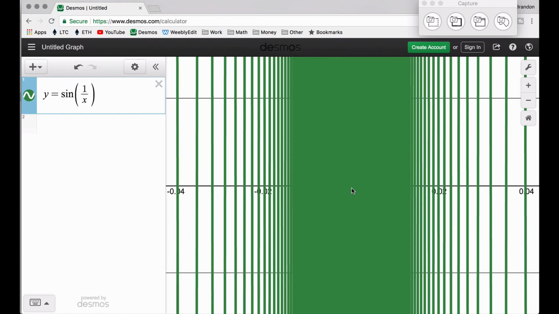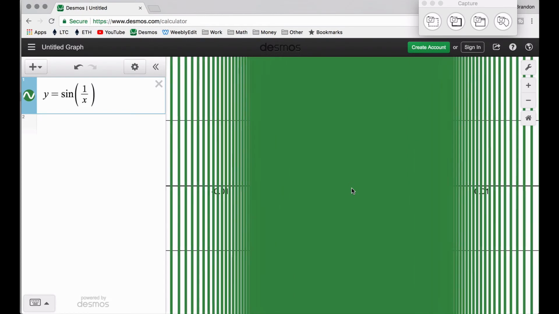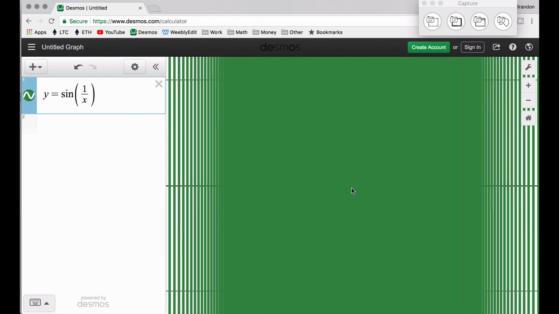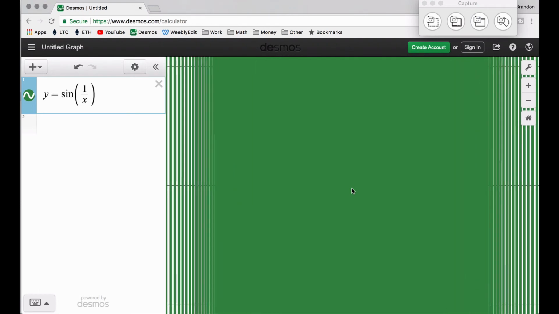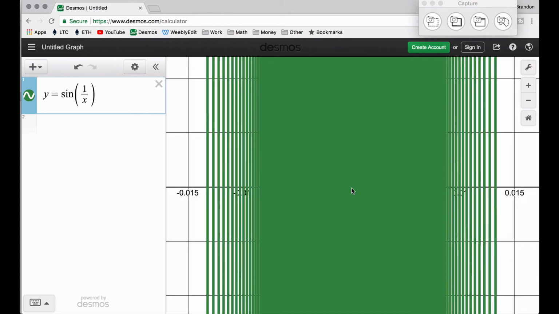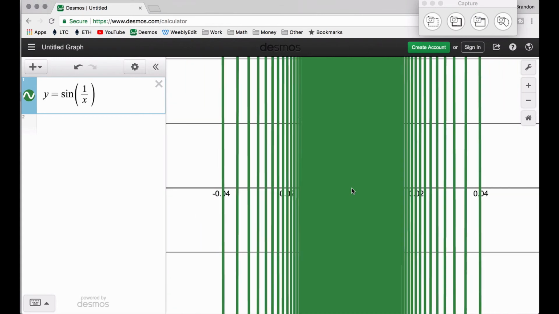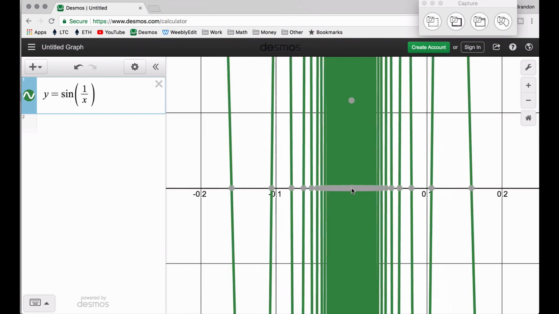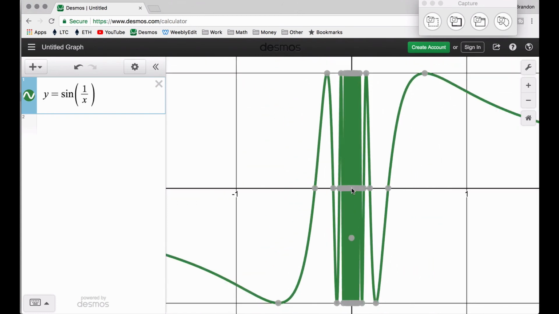When you have oscillating functions, I can keep zooming in forever and ever, and all you're going to see eventually is just a big green rectangle, but really, this function is oscillating so fast, it's not really a rectangle, but these lines are really close together. We're not approaching a specific y value, and we had this crazy oscillation going on. This is your third case of when a limit does not exist.